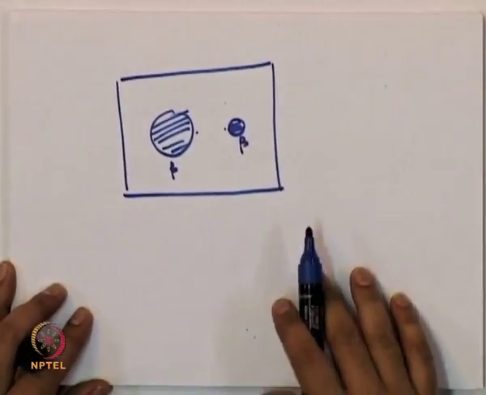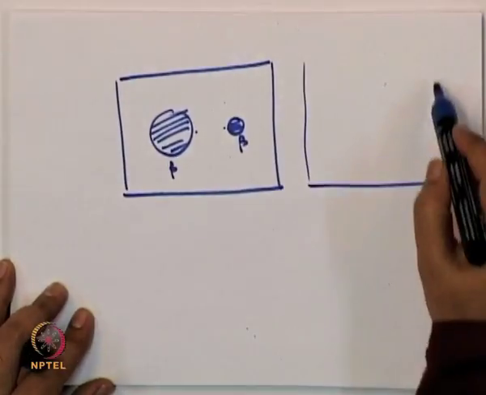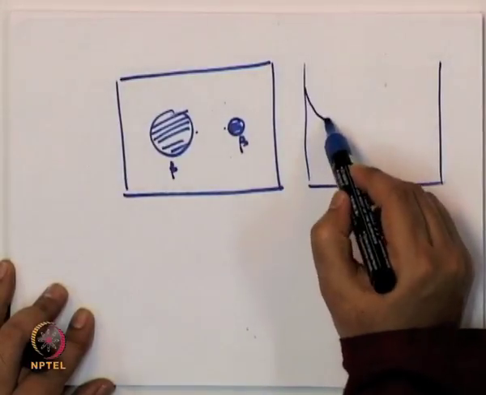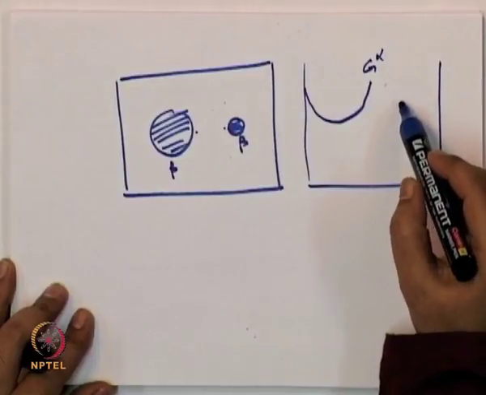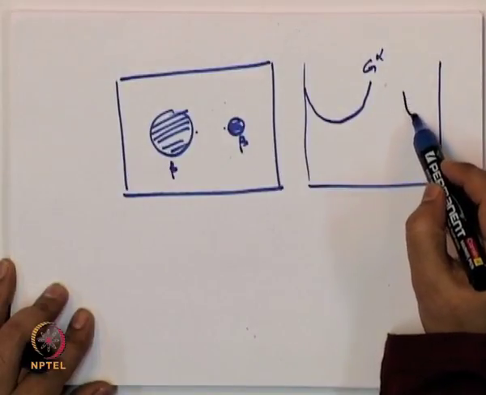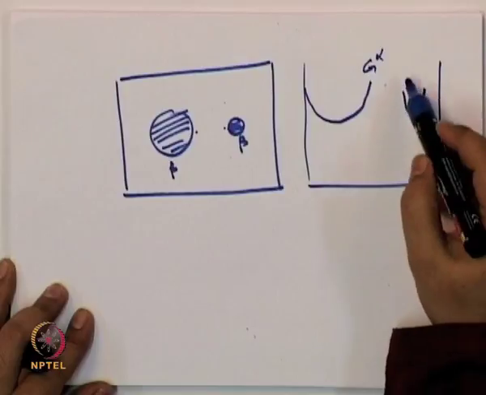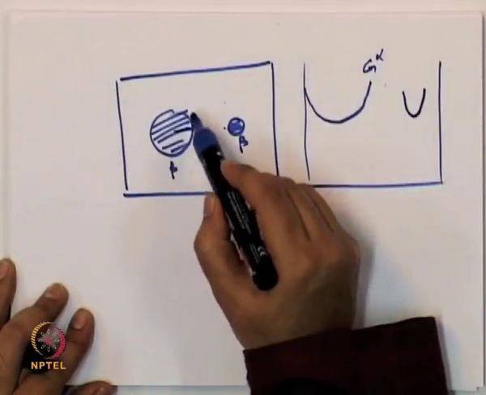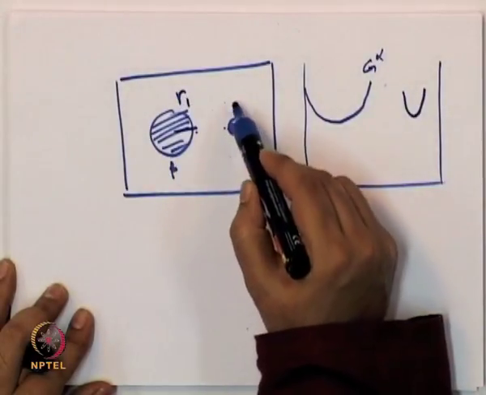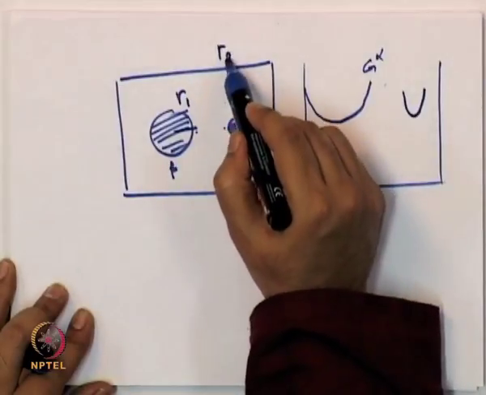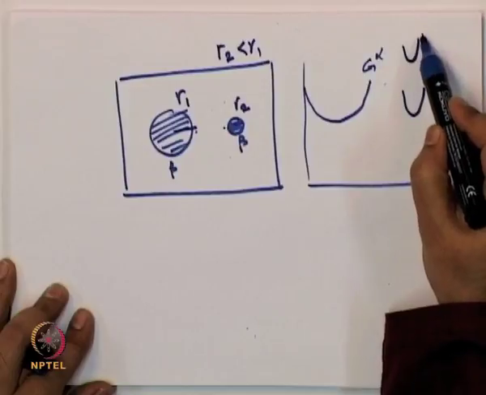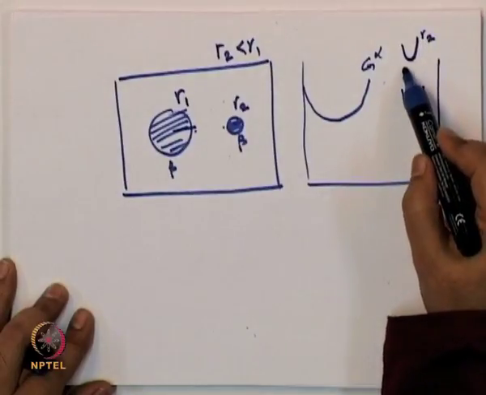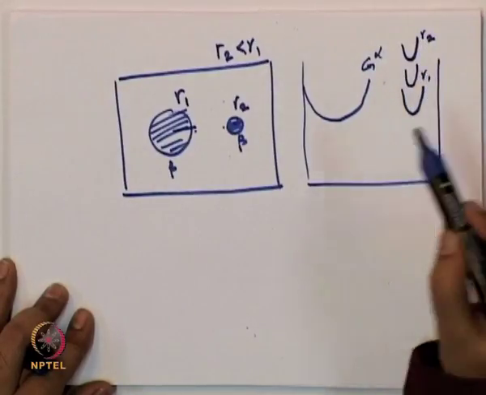So, we will go by the same common tangent construction. So, I have the G alpha. I have one beta which is for R equal to infinity, then let us say this is R1, and let us say this is R2, and R2 is less than R1. Which means the curve corresponding to R2 will be higher than the curve corresponding to R1.